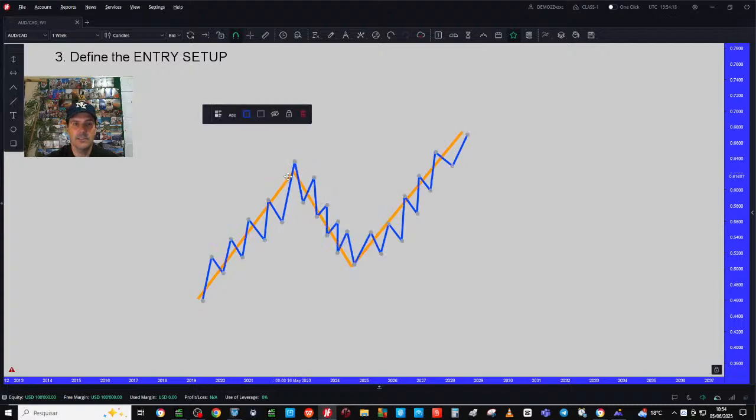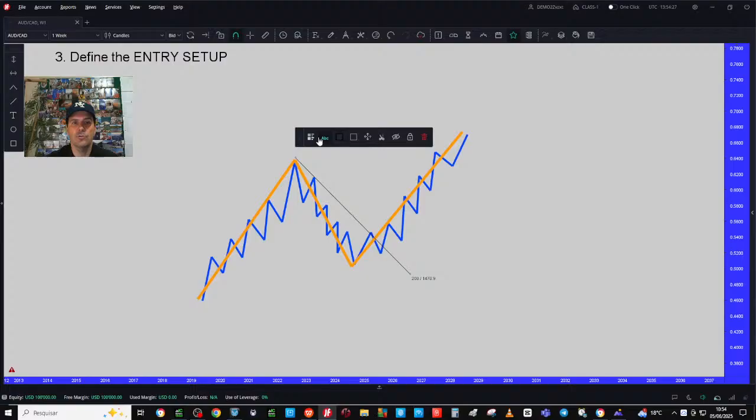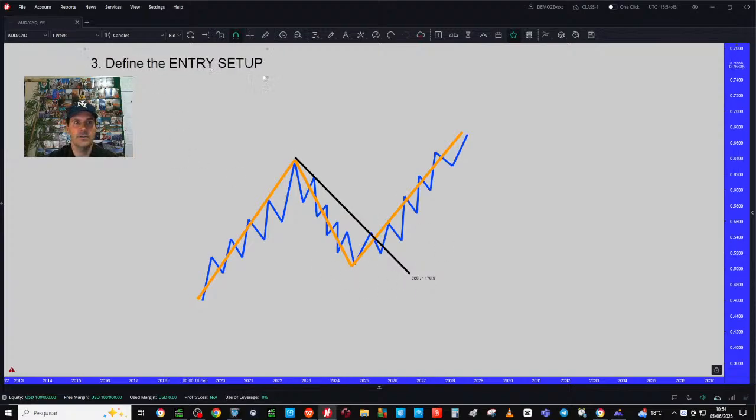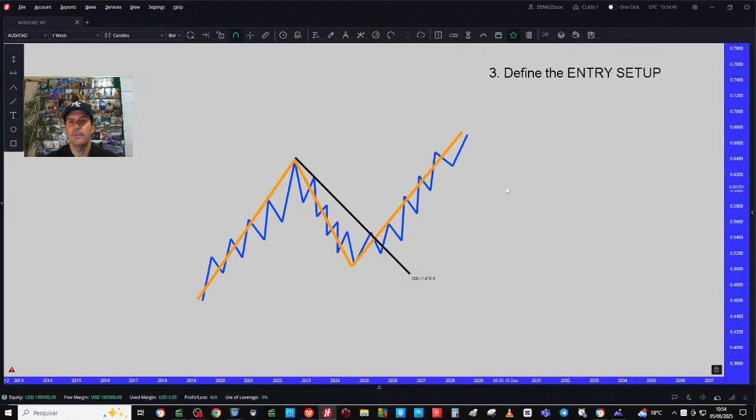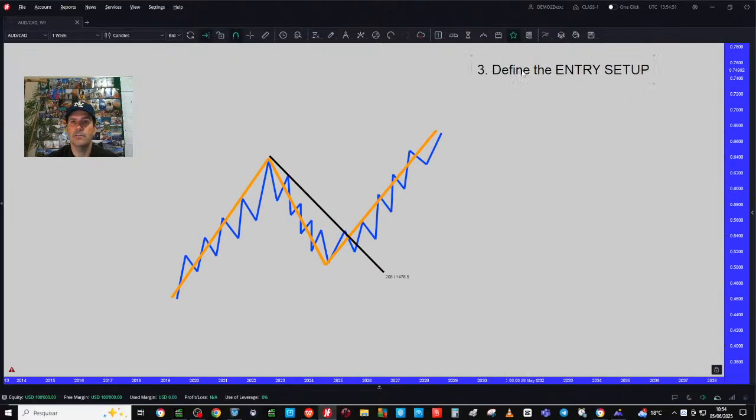So, entry setup variations. There is no right or wrong on the strategy. Don't let anybody tell you my strategy is better than yours, or my setup is better than yours. At your level, guys, there is no right or wrong. Don't let anybody tell you what to do. So define the entry setup. A few variations, number 3.